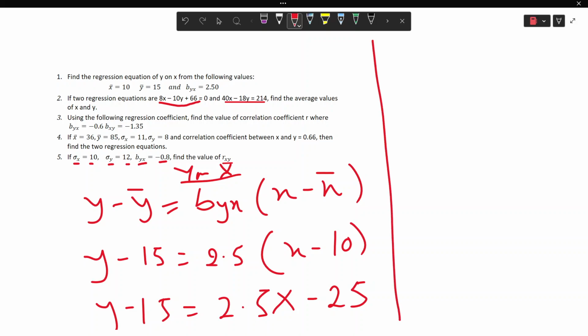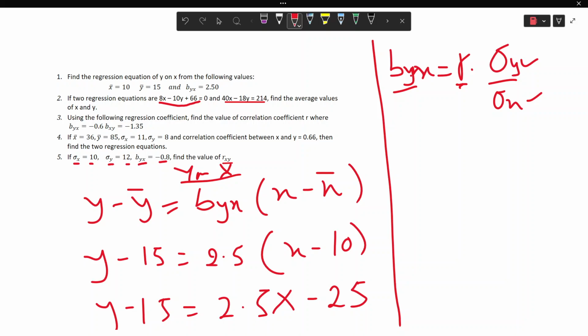Yeah, sure. So you know that the regression coefficient y on x is given by r times standard deviation of y over standard deviation of x. Now you've been given this, but not this. You have this and this. So let's make r the subject.